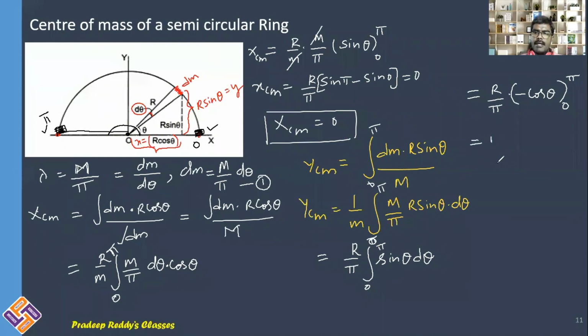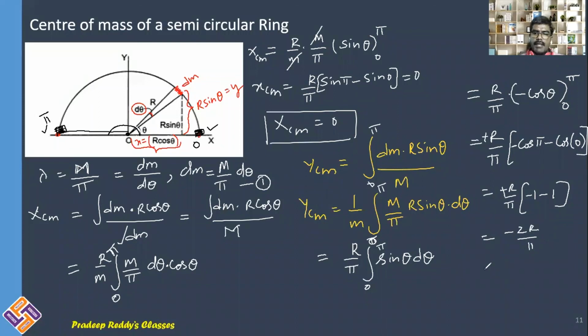This is r by pi into, of course, minus goes here, and this is cos pi minus cos 0. This is minus r by pi into minus 1 minus 1. This is minus 2r divided by pi. So ycm is equal to minus 2r divided by pi.